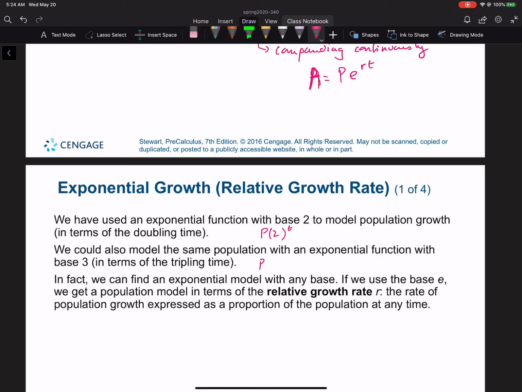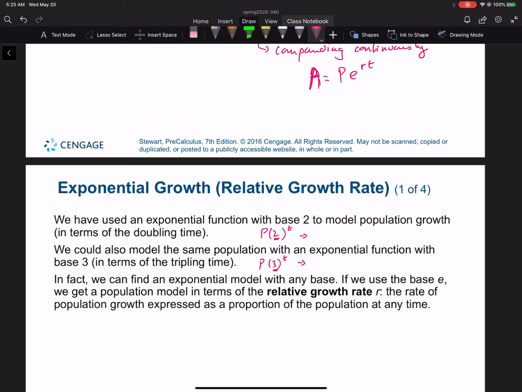This could have been P times 3 raised to the t. So in fact, we could realize that this is looking like a base. It's an exponential function, and it's got a base. In this case, the base is 2 for that. And in the second example where I have a tripling time, the base is 3.